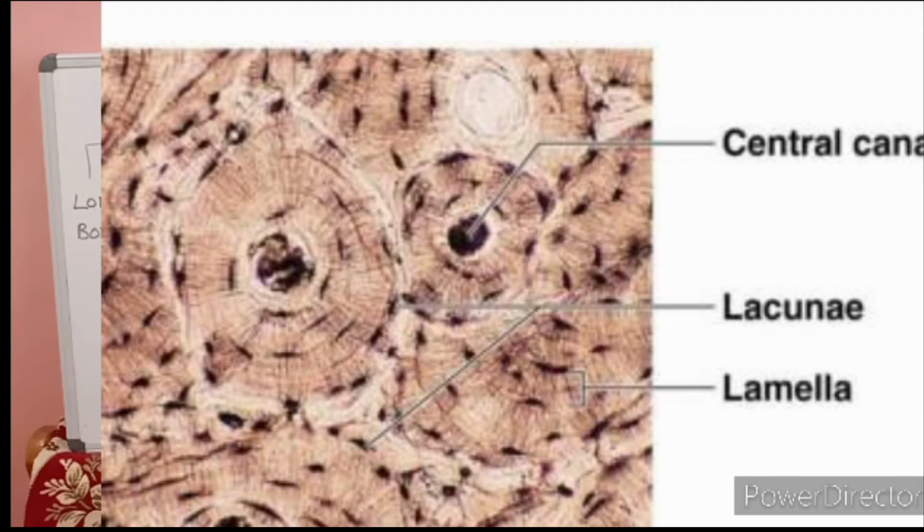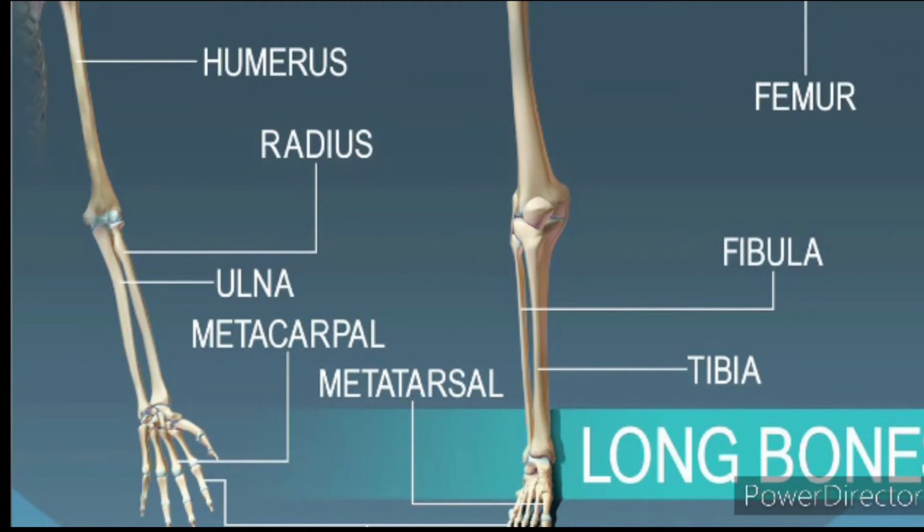Externally, the bones are covered by a membrane called the periosteum, which is richly supplied with blood vessels. The hollow cavity of the bone is filled with bone marrow. So this is what long bones are. All these bones are composed of these structures.